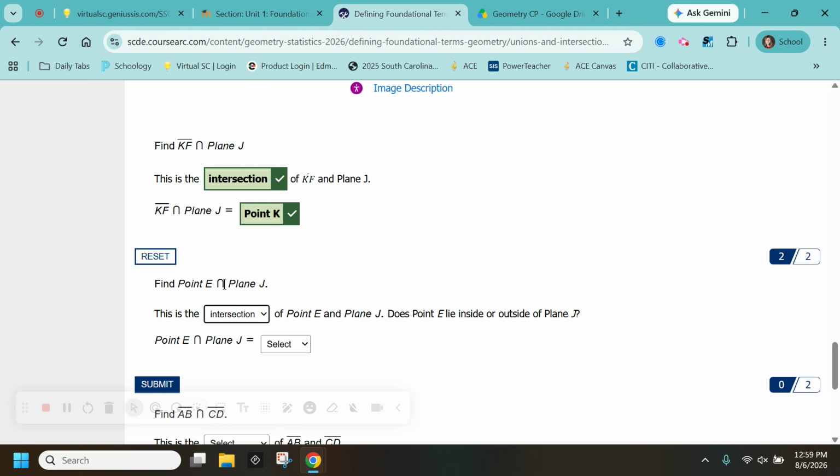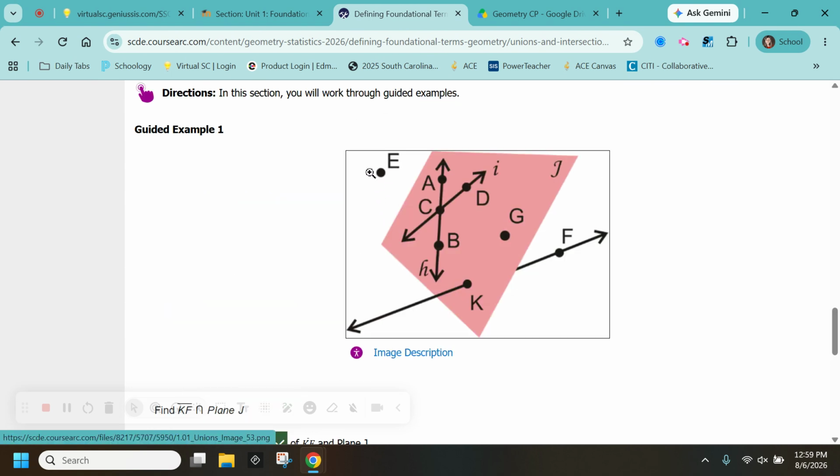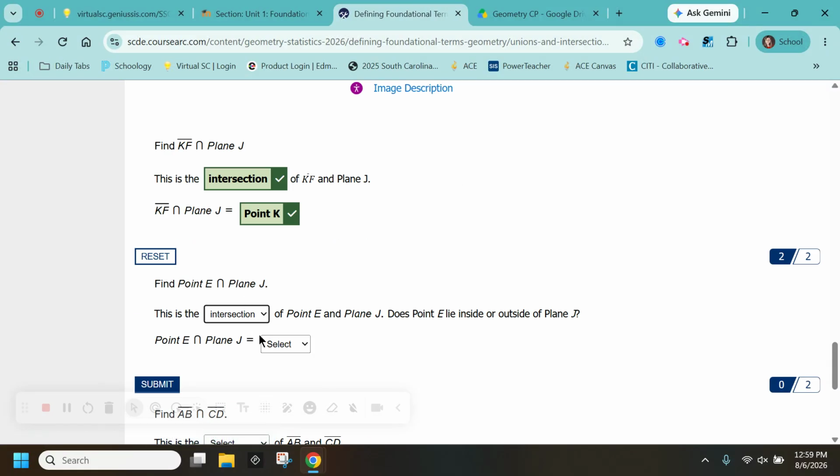And the intersection of point E and plane J, since E is not on plane J, they have nothing in common.